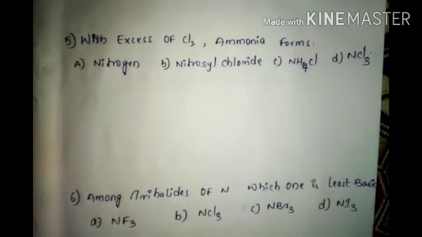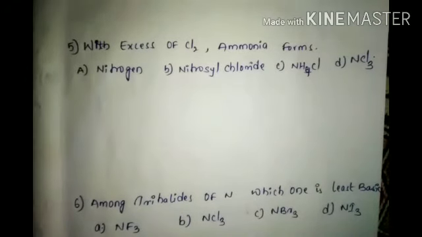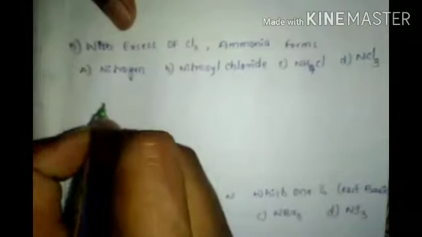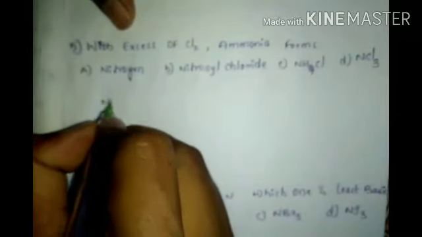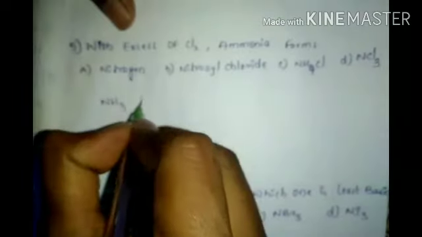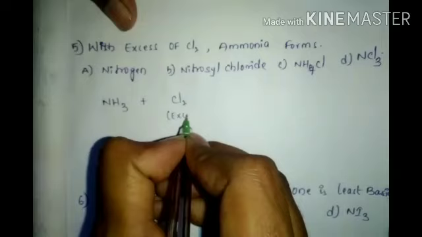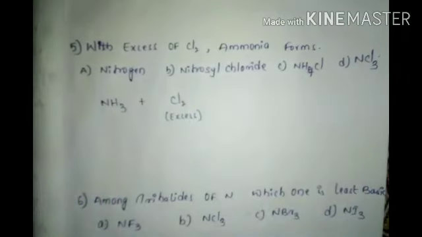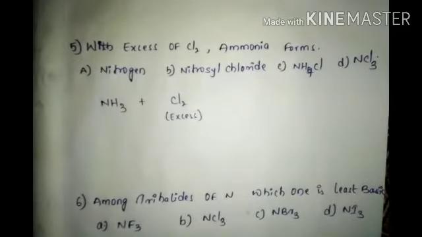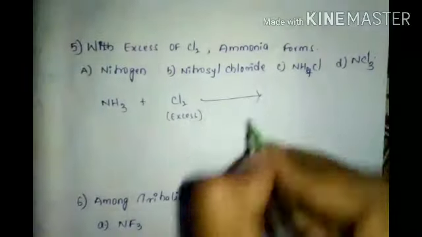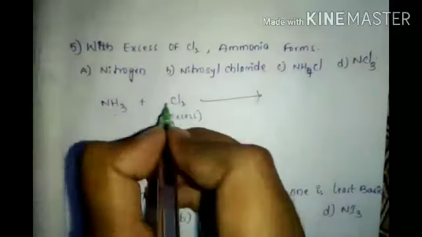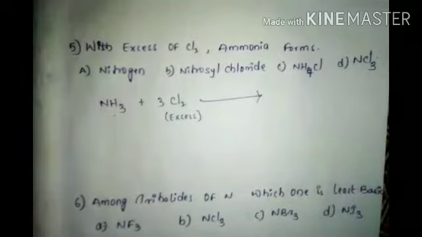Fifth question. With excess amount of Cl2, ammonia forms what? Take NH3 plus Cl2 in the bracket excess. Ammonia with Cl2 excess amount, what will come? So 3 hydrogens are there, take 3 moles.